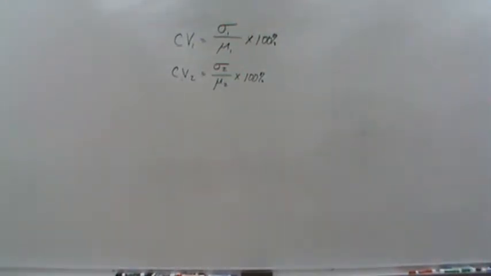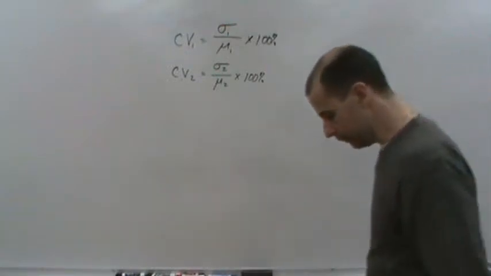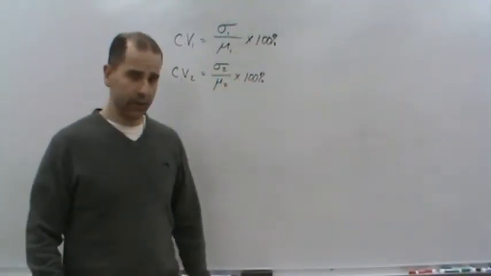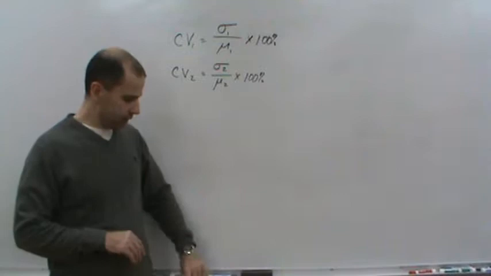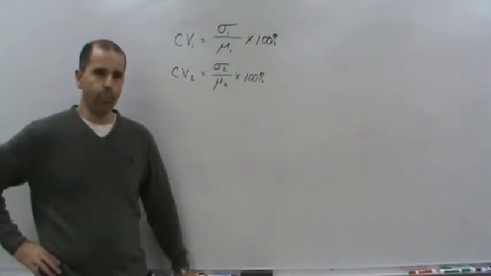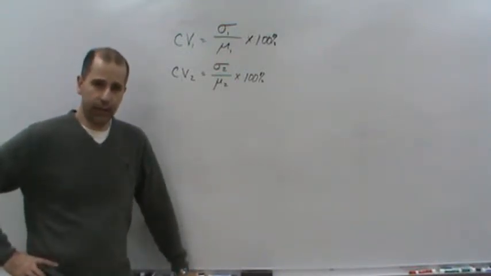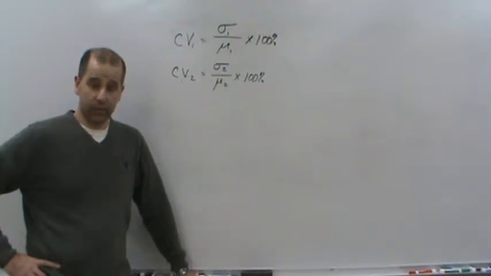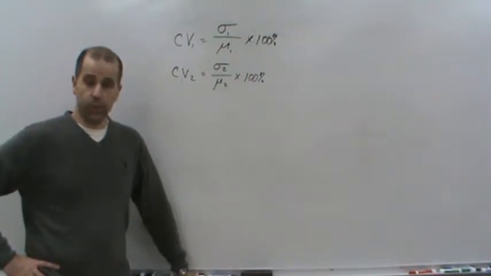Now let's look at two general rules. Up until this point, all I've given you are ways of calculating statistics, measures of center and measures of variation, dispersion.